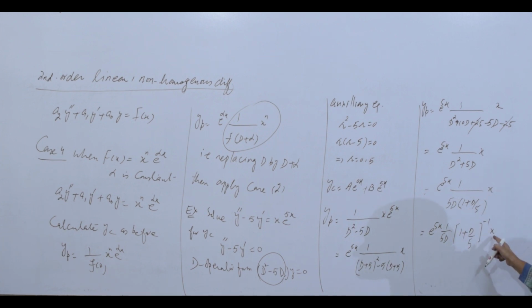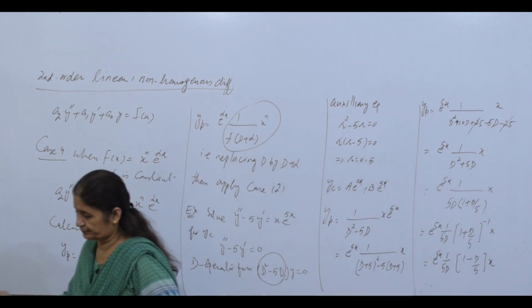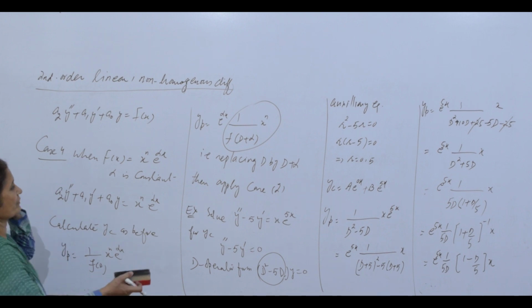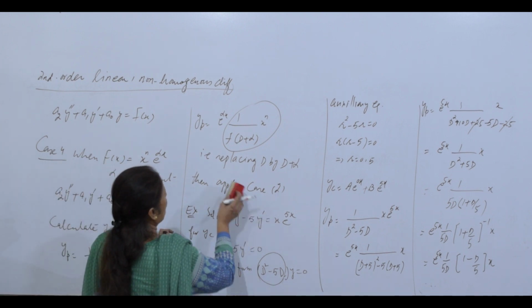Since its degree is 1, the first derivative is enough. E raised to 5x, 1 over 5D, 1 minus D by 5, using 1 plus D to the n with n minus 1, operate on x. So let me rub this.